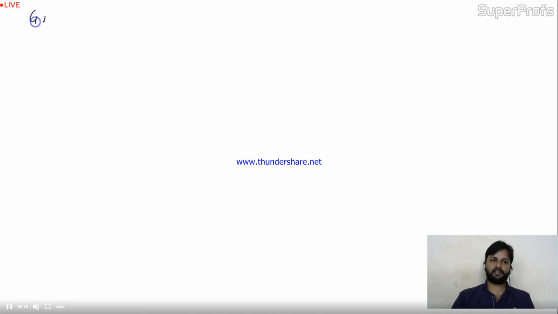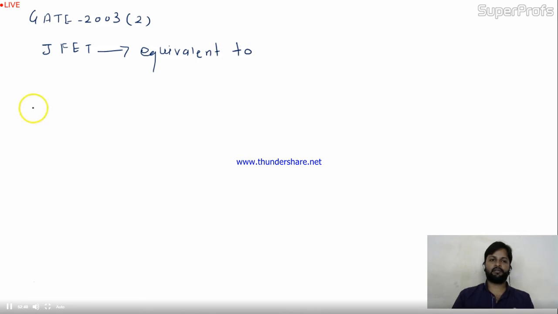Now this is the GATE 2003 problem and a 2 marks problem. And the problem is the action of JFET. Talking about JFET, the action of JFET, the equivalent circuit can best be represented as, means JFET is equivalent to, 4 options are given.